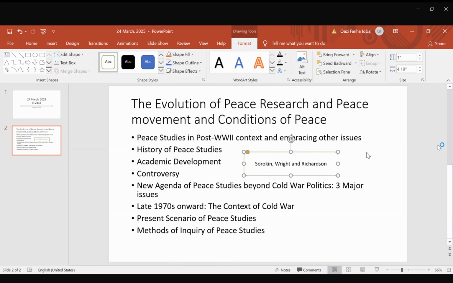In 1945, Lenz established the Peace Research Laboratory in St. Louis. Let me just write it down.